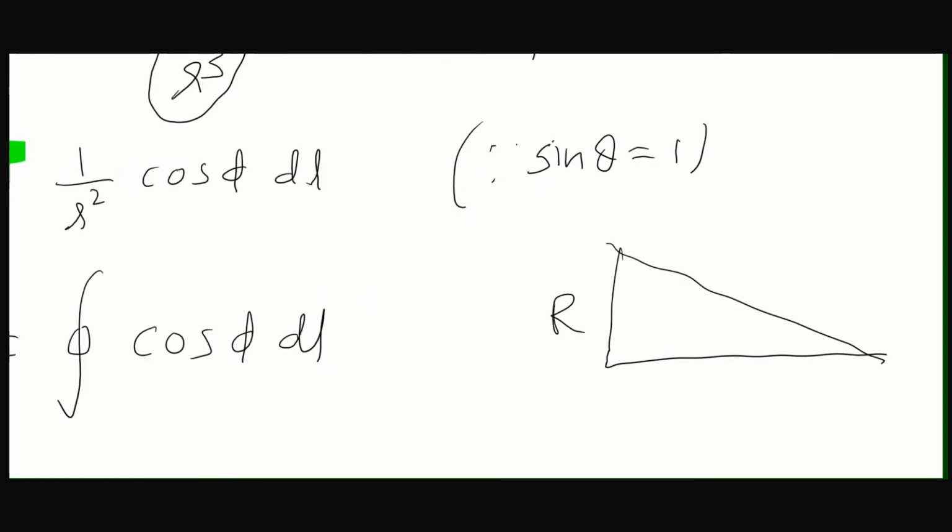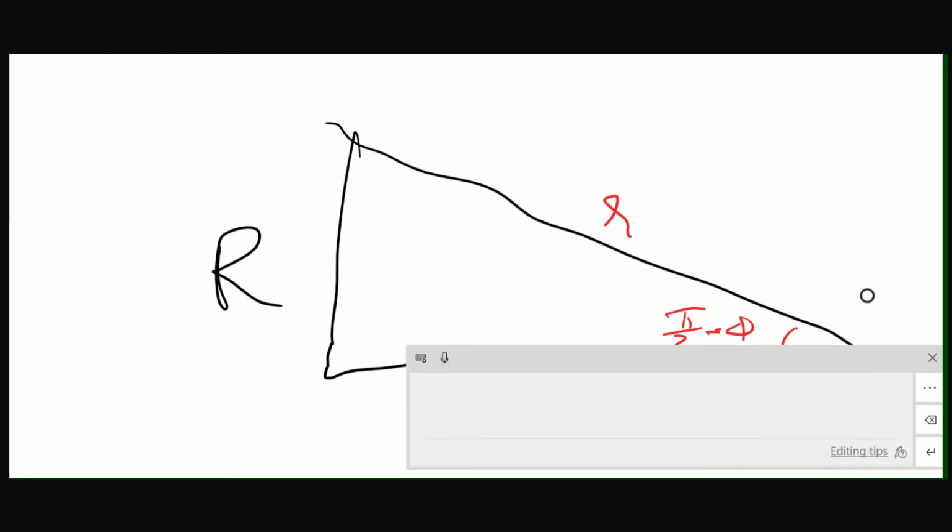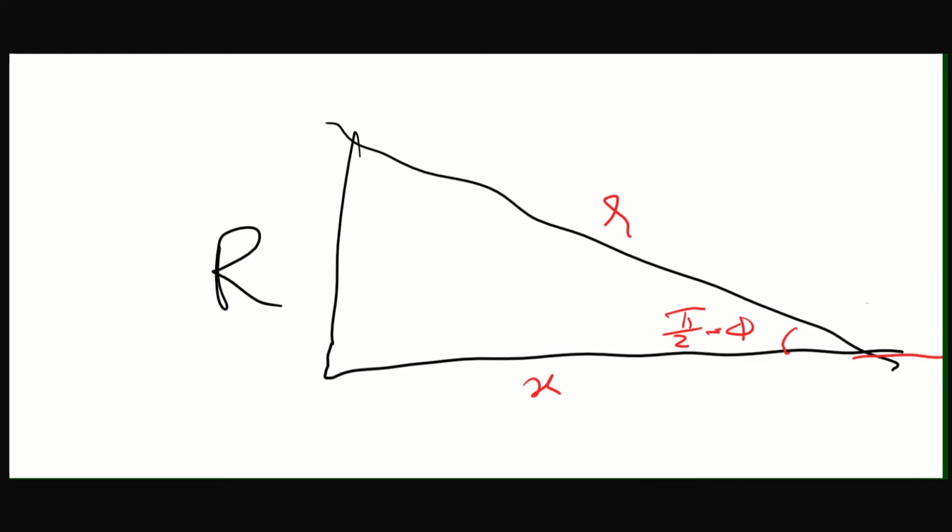We are talking about a triangle where we know three parameters. Okay, and this is pi by 2 minus phi. This is 90 minus phi. When you look at the geometry of the figure, you will understand this is 90 minus phi, and then this angle will be phi. So what is cos phi?